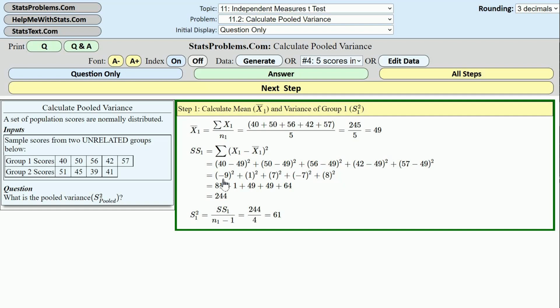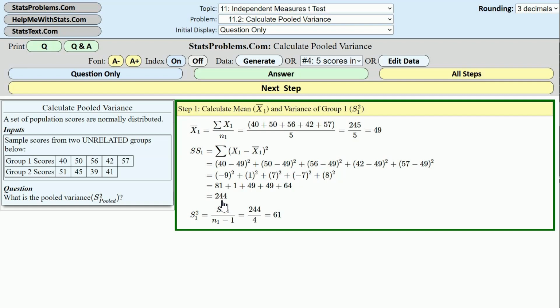This works out to minus 9 squared, plus 1 squared, plus 7 squared, plus minus 7 squared, plus 8 squared, which works out to 81 plus 1 plus 49 plus 49 plus 64, which works out to 244.